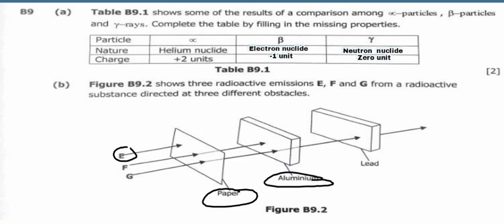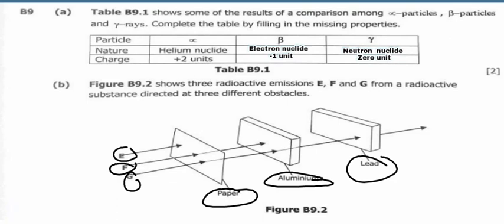Then the radioactive substance which can be stopped by a sheet of aluminium, which is F, is called the beta particle, whichever way you pronounce it. So F is just beta particles. Then a radioactive substance which can be stopped by a sheet of lead, which is G, is called gamma particles or gamma rays.